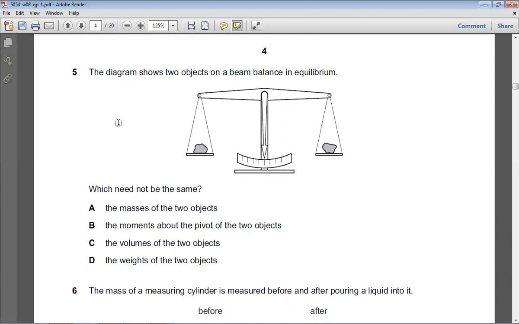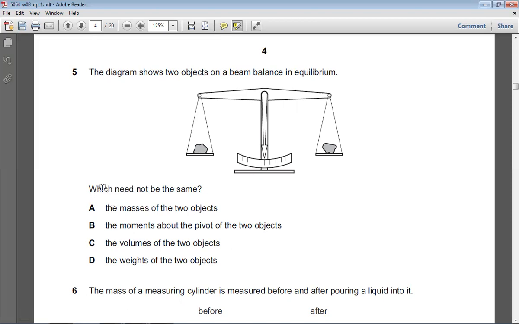That's why the beam balance is balanced. One thing which might not be the same is the volume. Their volume can be different. Their masses are the same, their weights are the same, the moments they are producing about the pivot are the same. The one thing which need not be the same is their volumes.